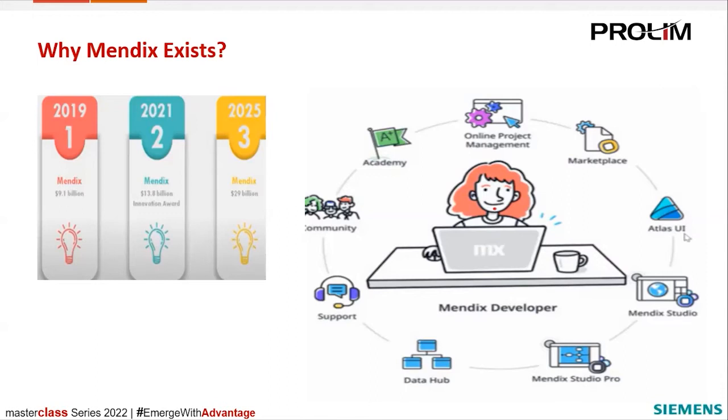Here in Mendix, we give solutions very quickly and in a very short time with beautiful interfaces, which they cannot do in a short time with other technologies like Java, as I told earlier, or Python. Surely I can assure you they cannot provide all those things that Mendix provides in a very short time.